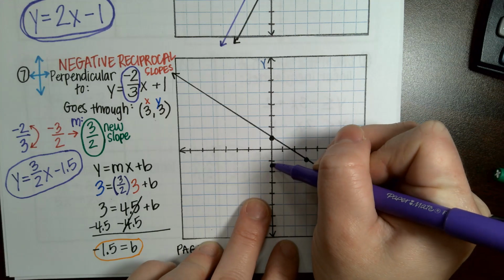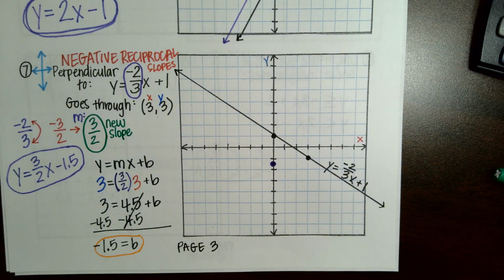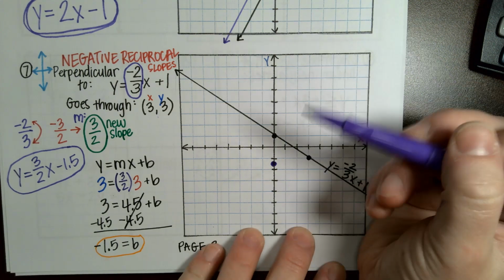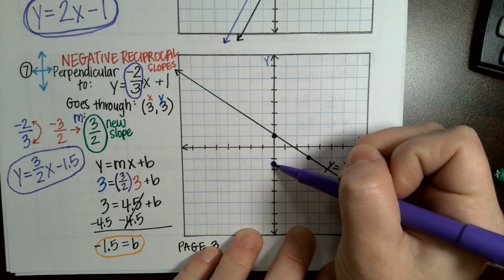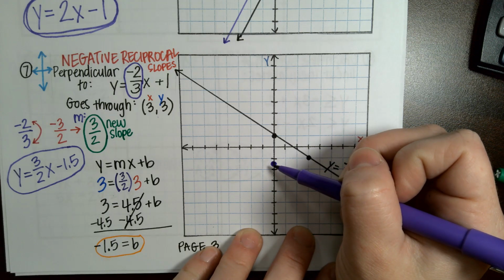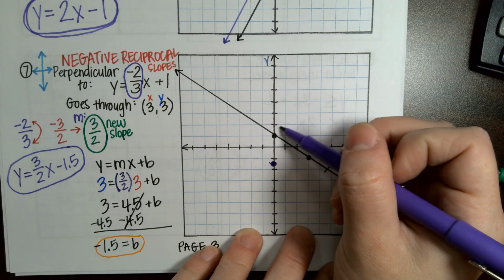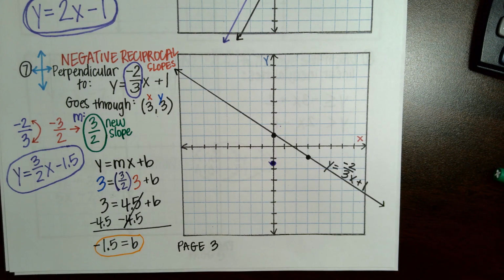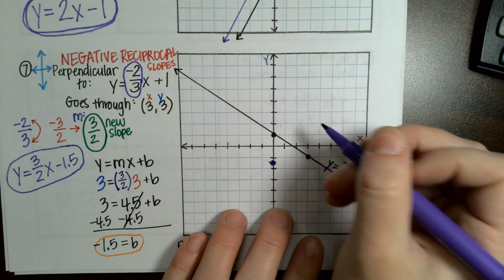Now here is the not fun part. We have to use our rise over run, but since we are starting at a half coordinate point, when we go up 1, up 2, up 3, we're counting in the middle of the tick marks now. So our rise is 3.